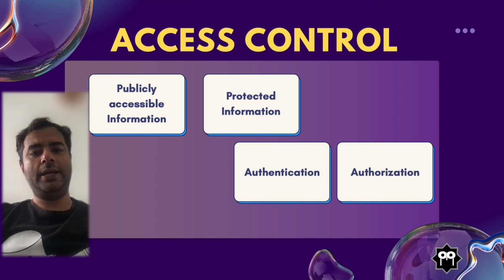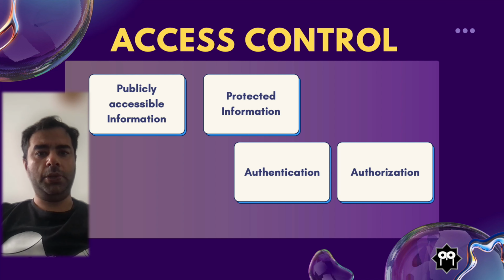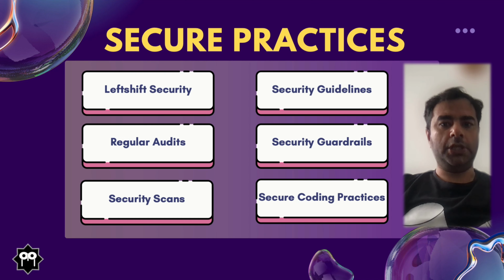Once we have the protected information, we must secure the access to it. The right authentication and the right level of authorization must be in place before we share this information with the users. There are some security practices which we must follow to make sure the system that we are developing is secure.